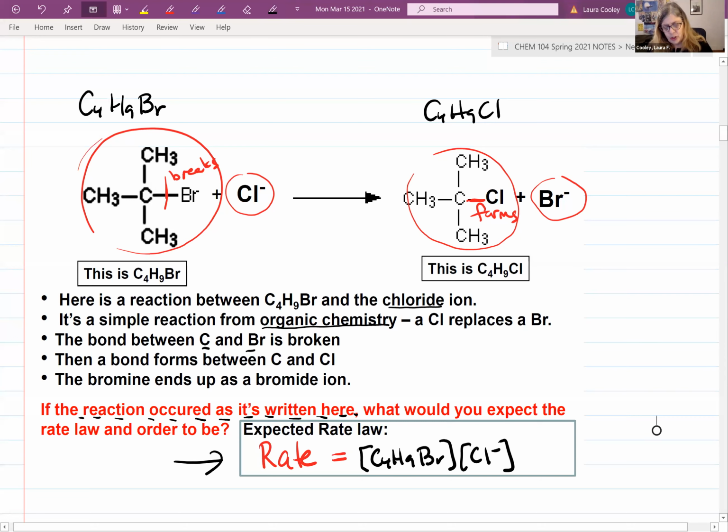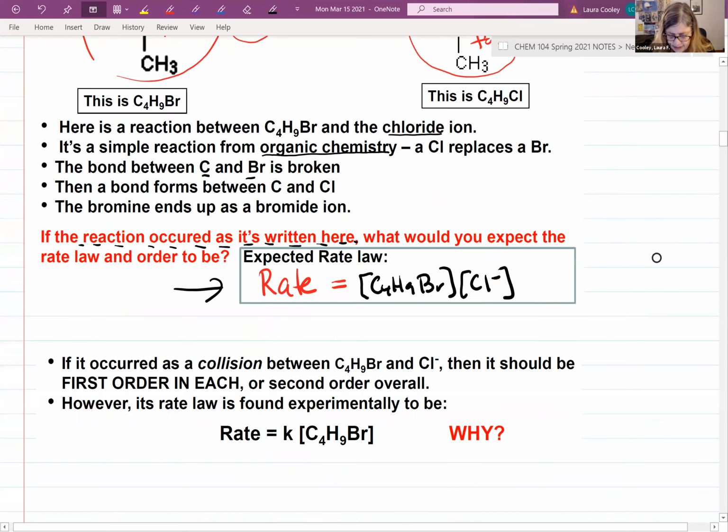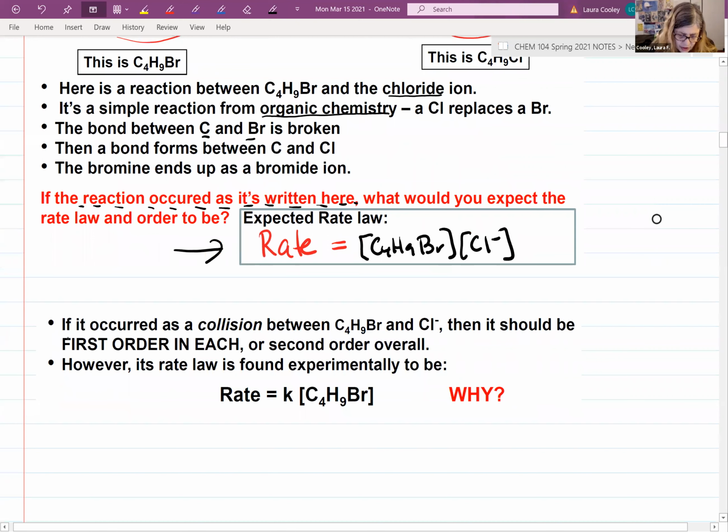Okay, so now I'm going to show you what the rate law actually is. If it occurred as a collision, like we said, then it should be first order in each, as we have written here. However, its rate law is actually found experimentally to be this. First order in C4H9Br.